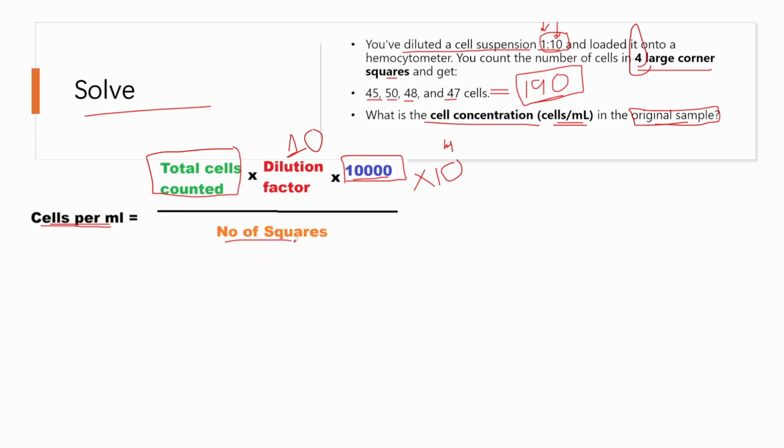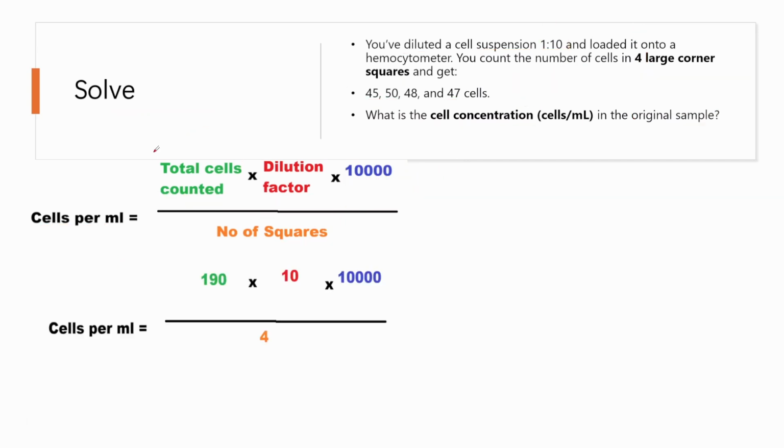Okay, so below over here we will write the number of squares. So this thing over here is going to become the average cell count per square multiplied by the dilution factor and multiplied by the conversion factor, and then we'll see what we get.